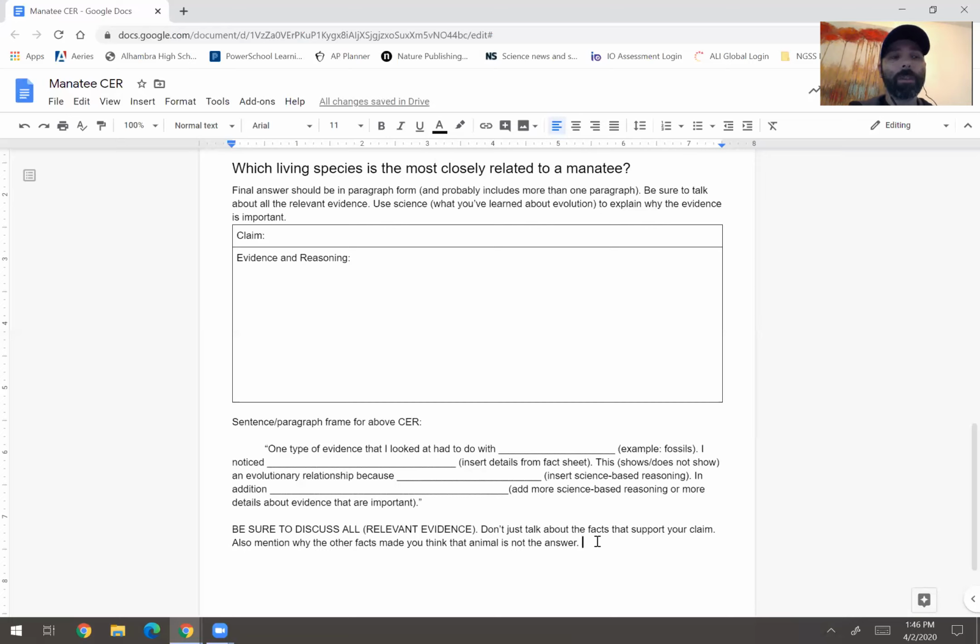And so you want to talk about all of the evidence, not just pick and choose the 2 or 3 things that help you the most, right? In science, we call that cherry picking the data, where you only choose the things that are helpful and you ignore all the other things that aren't helpful. And so again, following this paragraph frame, I think will help you to organize all that.